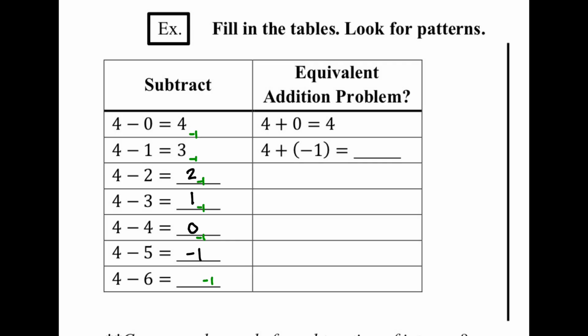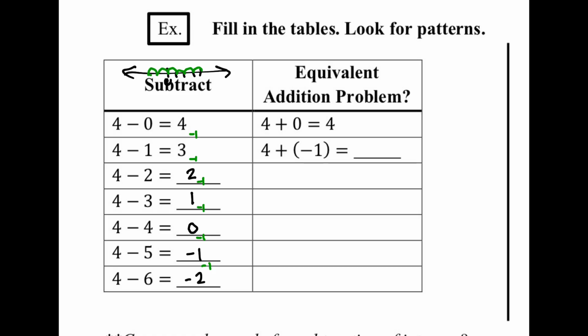And I put that in the wrong place, didn't I? There we go. Because on a number line, we started at 4. We went down 1 is 3, down 1 is 2, down 1 is 1, 0, negative 1, negative 2.